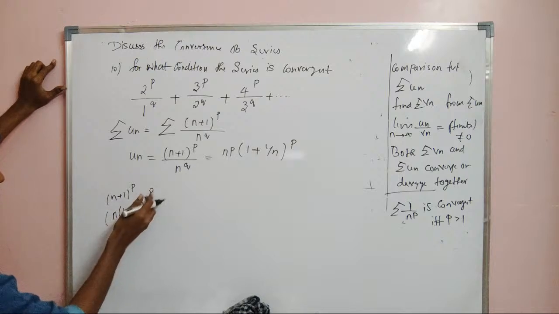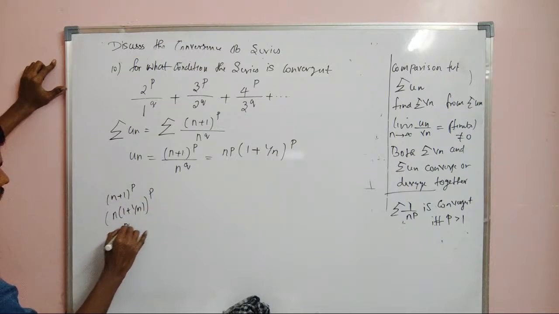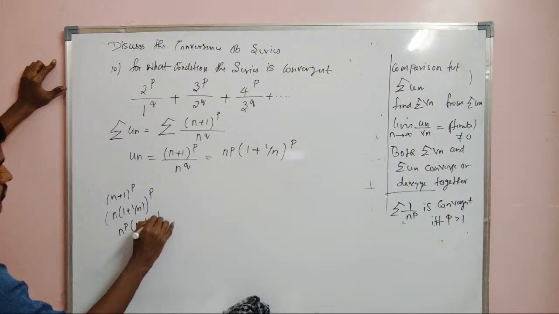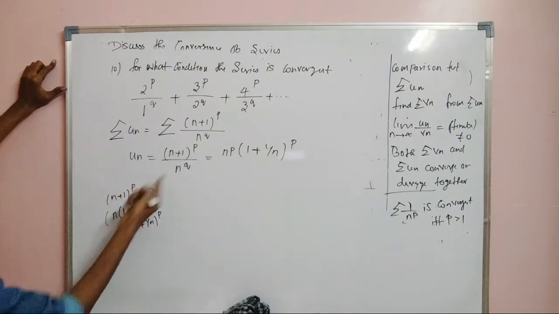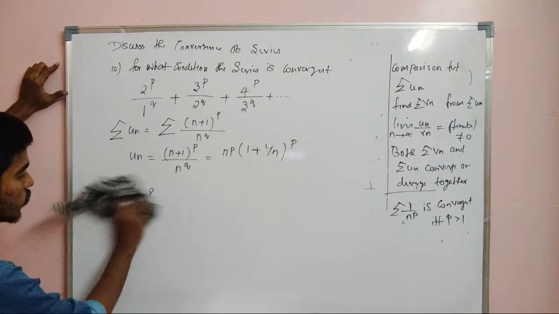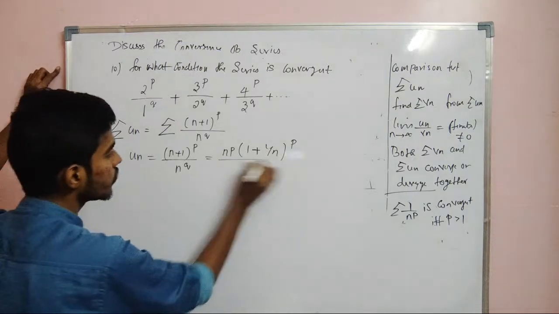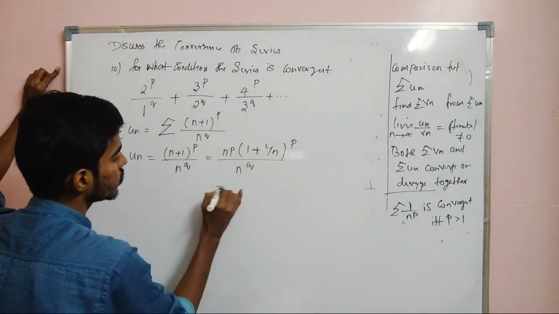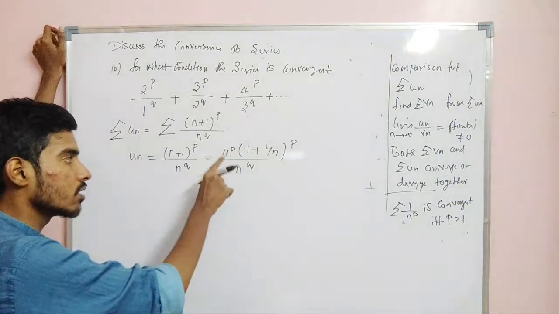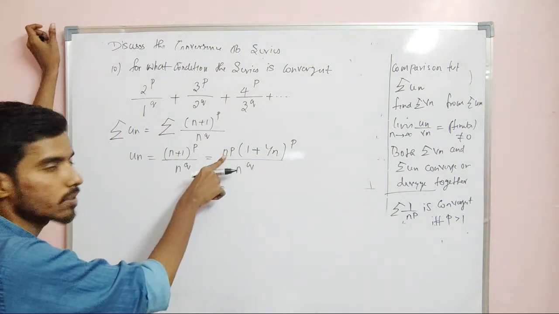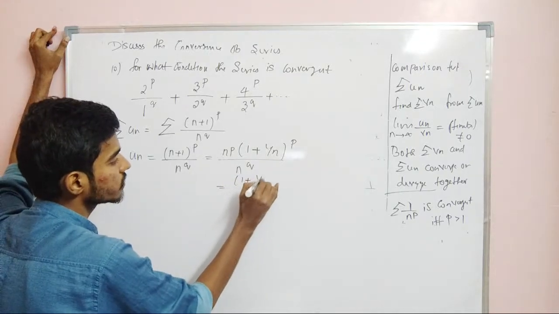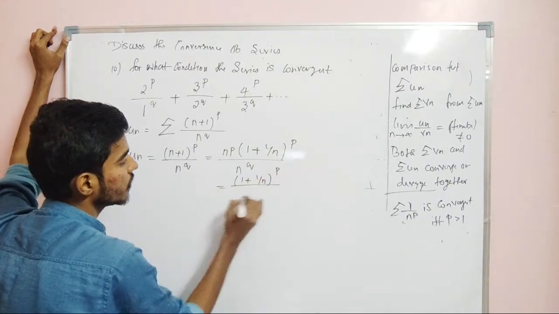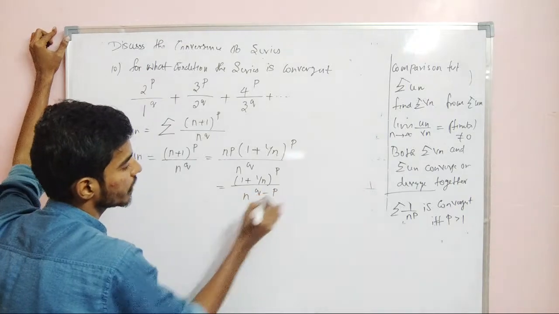I can take n power p outside, skipping one step, and 1 plus 1 by n whole power p, and in the denominator we will have n power q. Suppose you have some n terms here, you bring that to the denominator. So this will be 1 plus 1 by n whole power p divided by n power q minus p, right?